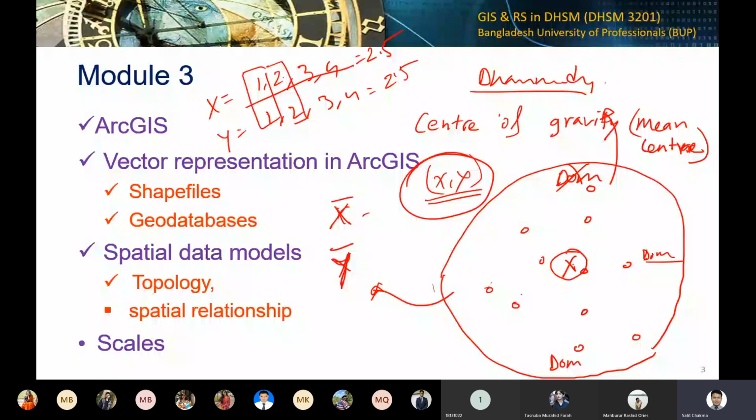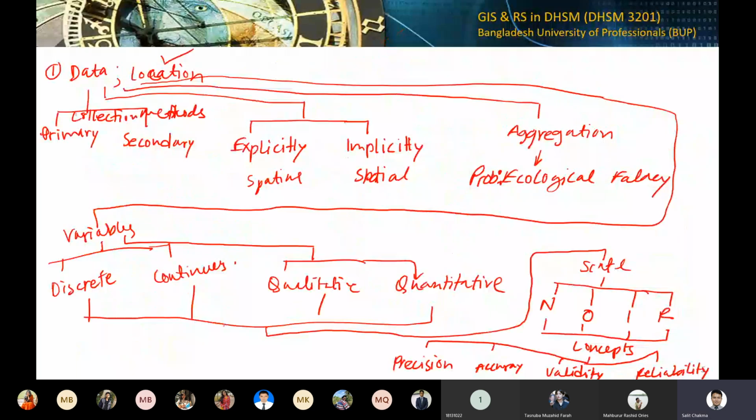The implicit means, when you talk about the implicitly spatial problem, it does not directly take the location into account. However, the location does have some influence on it. One quick example could be the flood scenario or riverbank erosion.